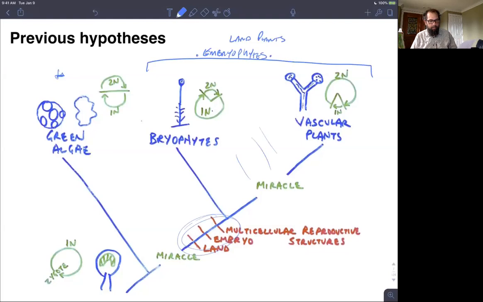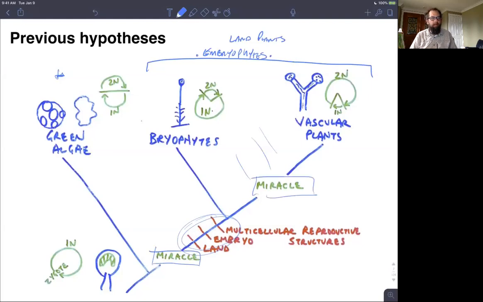I'm not going to talk too much about those here, except to mention that there are some major transitions that are not well understood. When this is our understanding of the phylogeny, green algae are sister to a land plant group, and bryophytes are sister to the vascular plants, it actually makes it difficult to explain the origin of many of the characteristics that we're going to see in these different groups.